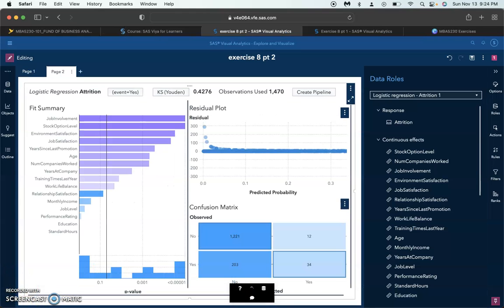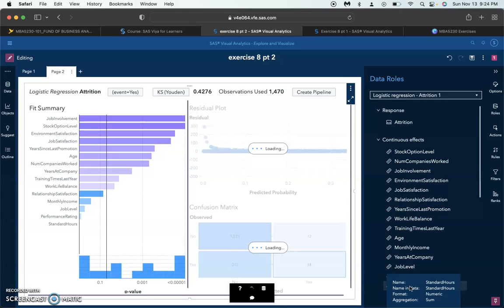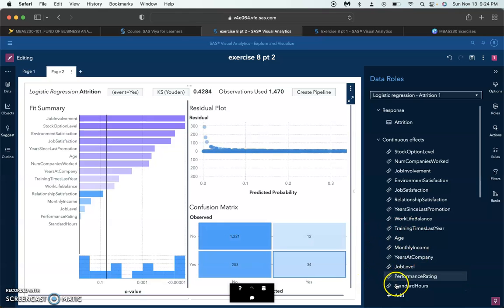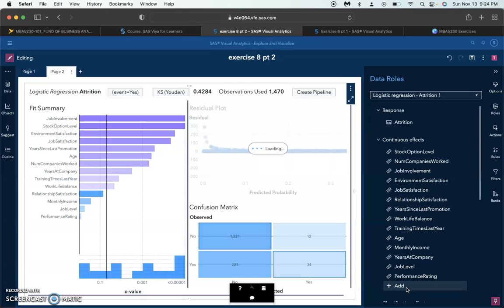Then we're going to look at this KS score right here. We want it to be around 50%. I'm going to take out education and standard hours since there's not much in it and see if that helps get it back to around 0.5, which is the desired number.